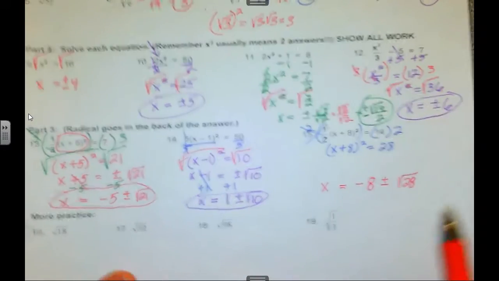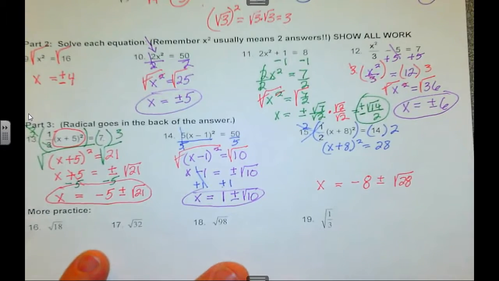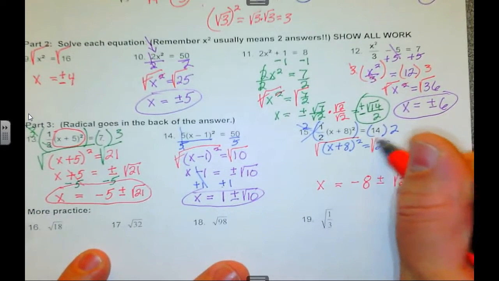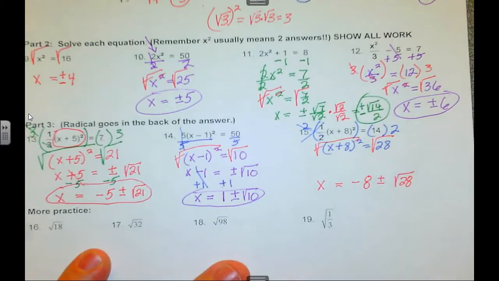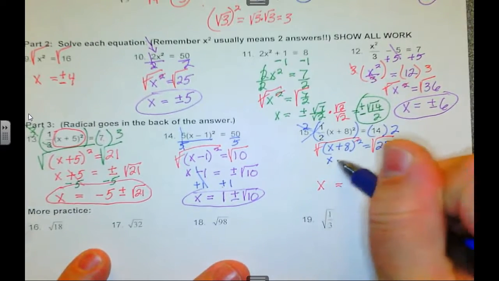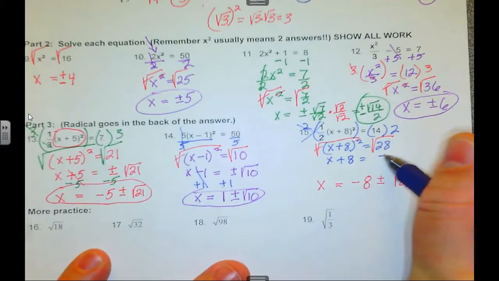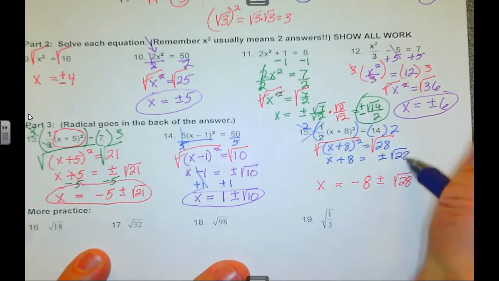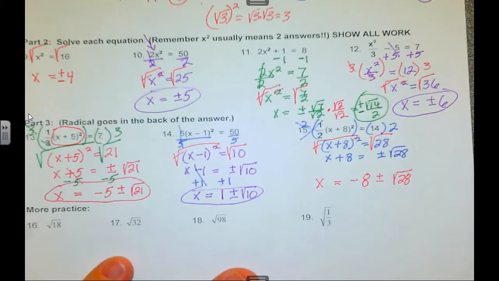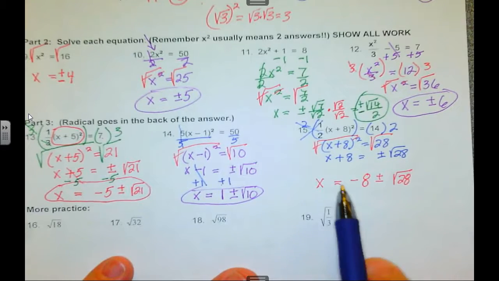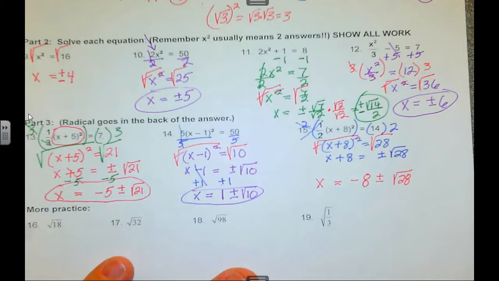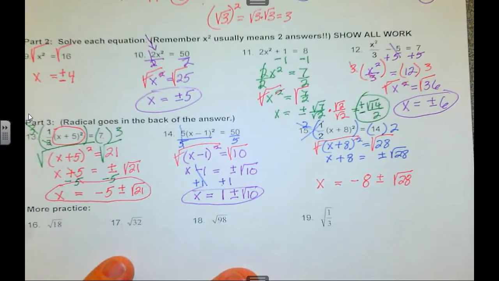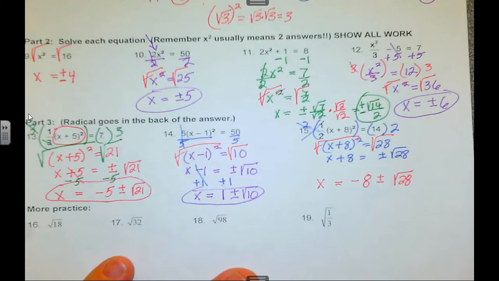All right, now we square root both sides. I get x plus 8 equals plus or minus square root of 28. Now, subtract 8 from both sides. I get negative 8 plus or minus square root of 28. However, are we done?